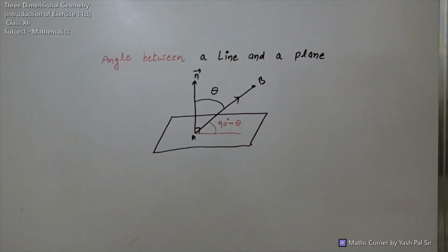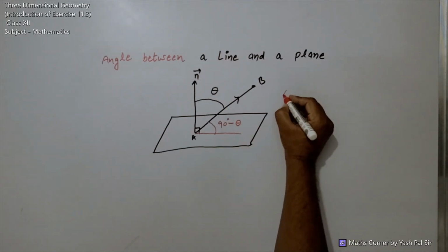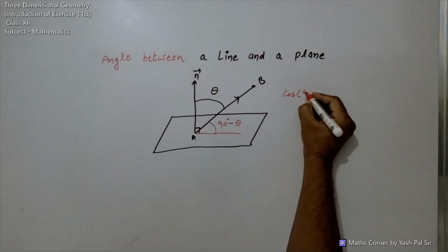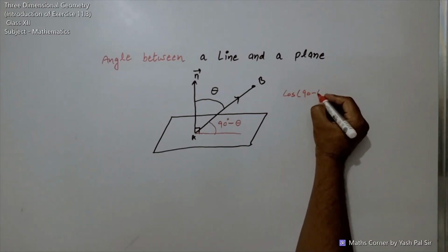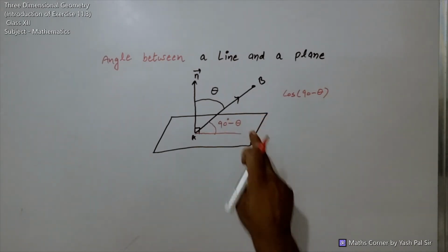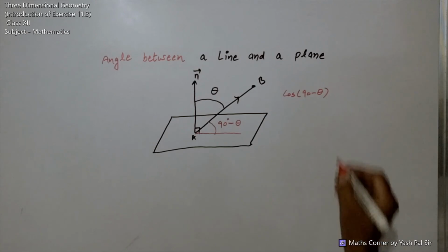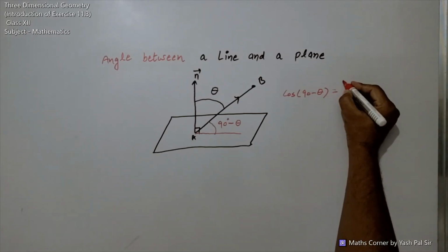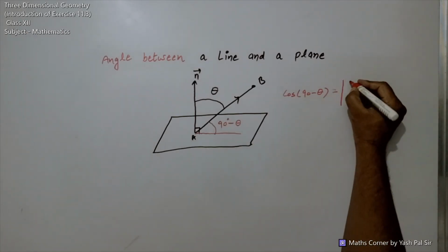Obviously this angle will be equal to 90 degrees minus theta, right? So cos of 90 degrees minus theta is the angle between the plane and the line.